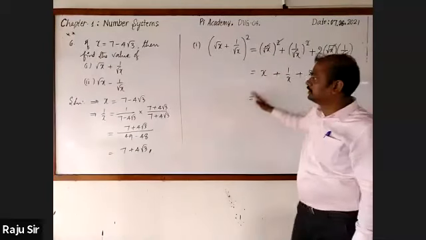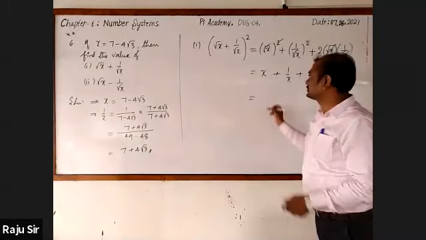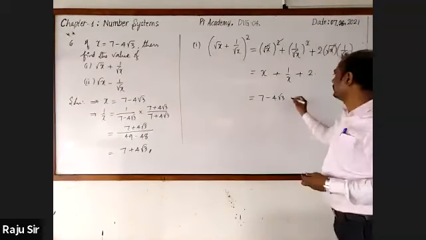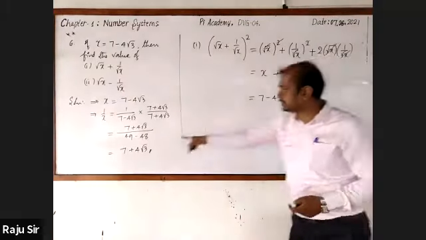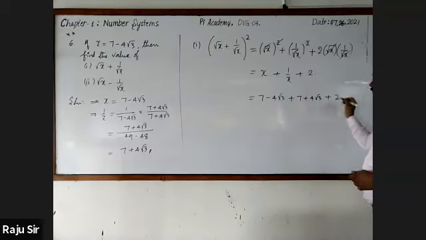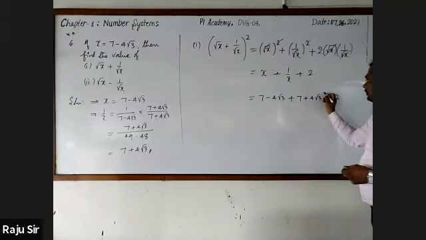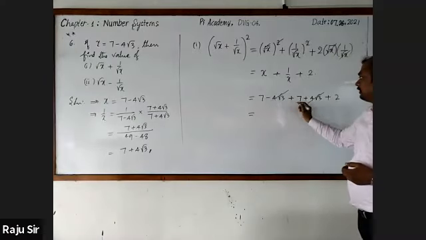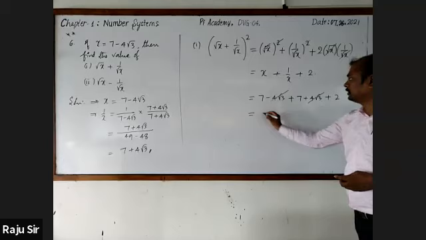Substitute this. x is 7 minus 4 into root 3, plus 1 by x is 7 plus 4 root 3, plus 2. Now cancel. 4 root 3 minus 4 root 3. This is equal to, adding the remaining, 7 plus 7 is 14, 14 plus 2 is 16.